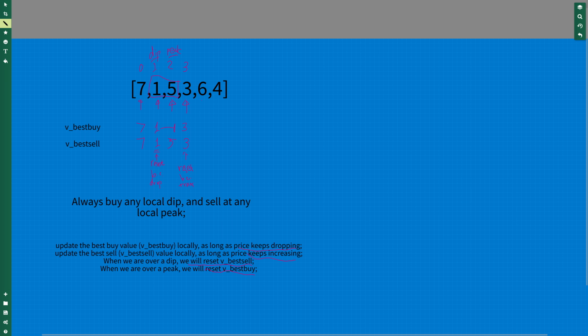Okay, so now we move on to number 4. First thing we're going to see is if the price keeps dropping. Well, it's not, but it's increasing. So we're going to update the best sell value to this.